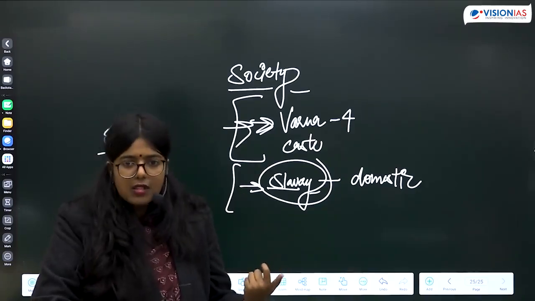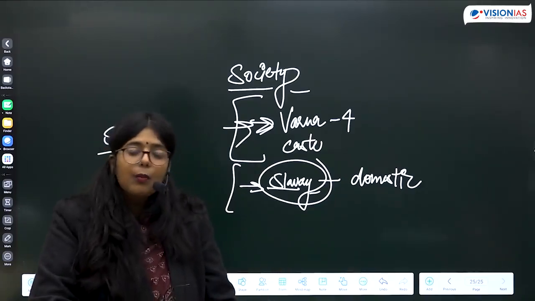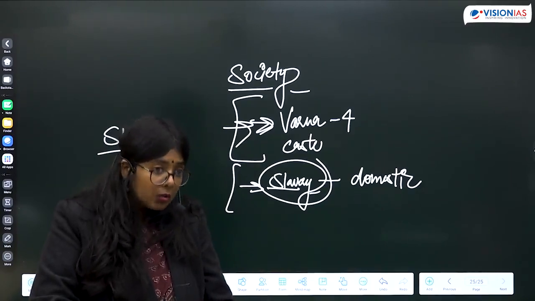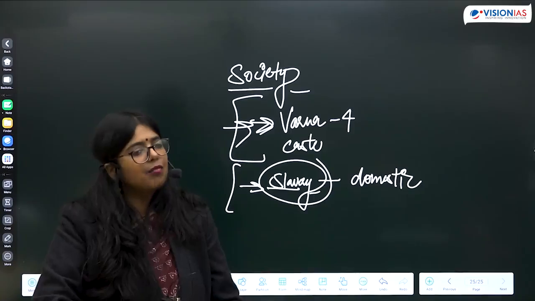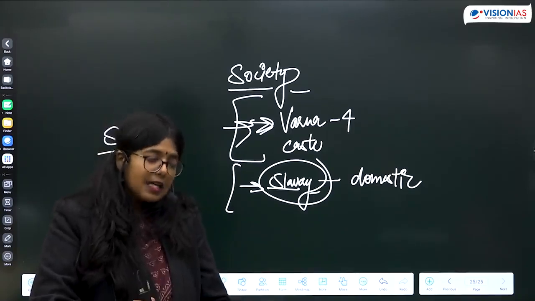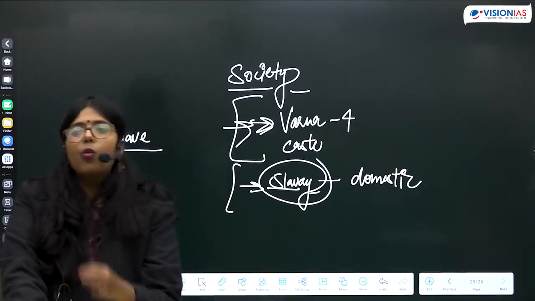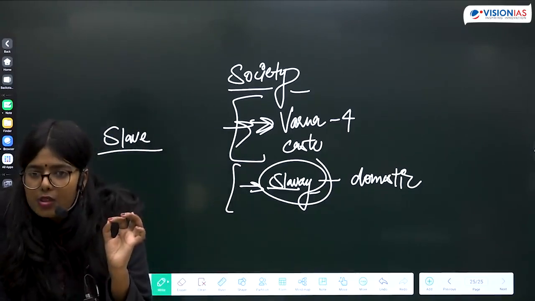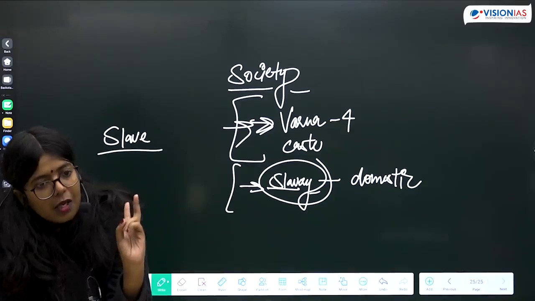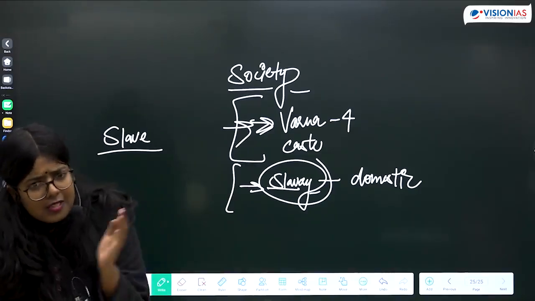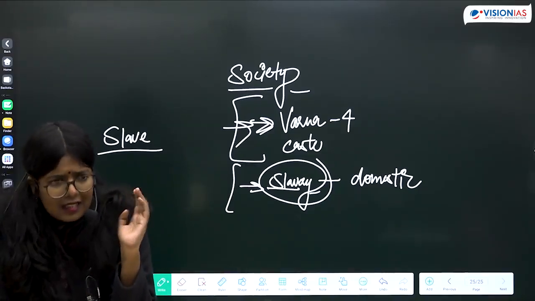We study about these modes of production. When we are talking about the Greco-Roman world, it was based on the slave mode of production. That means slaves were involved in the production process, be it agriculture, be it craft production. Slaves will be employed in that.